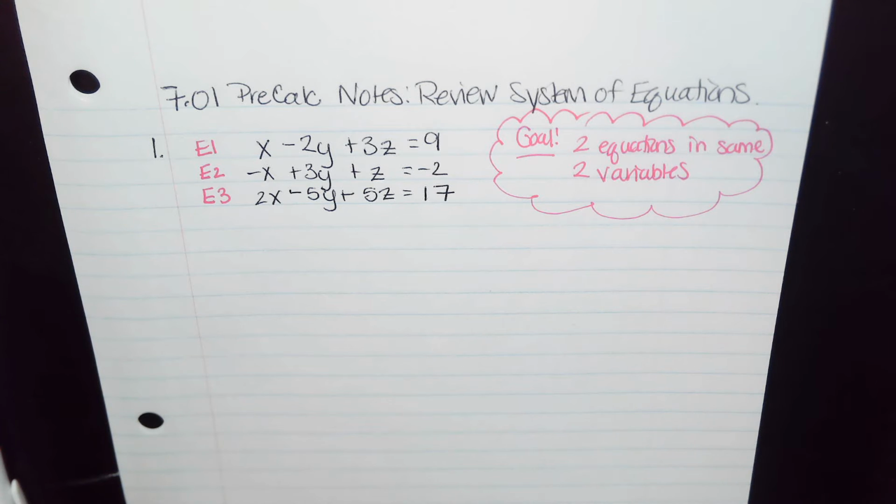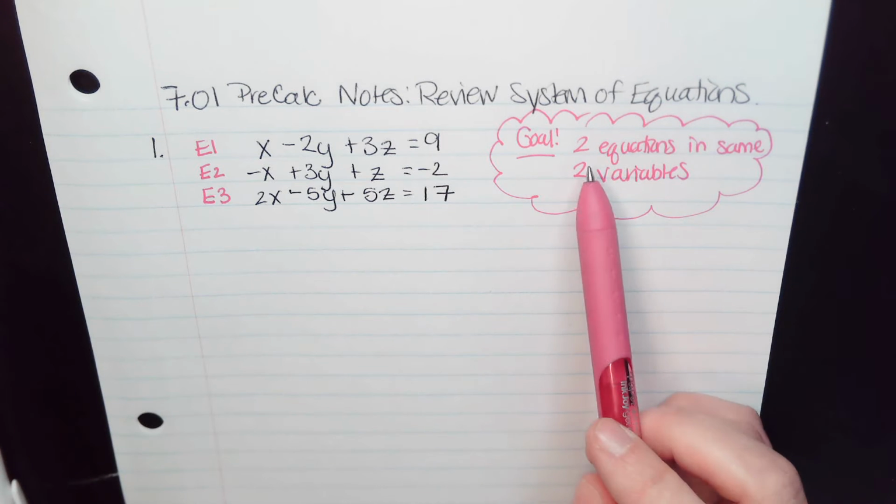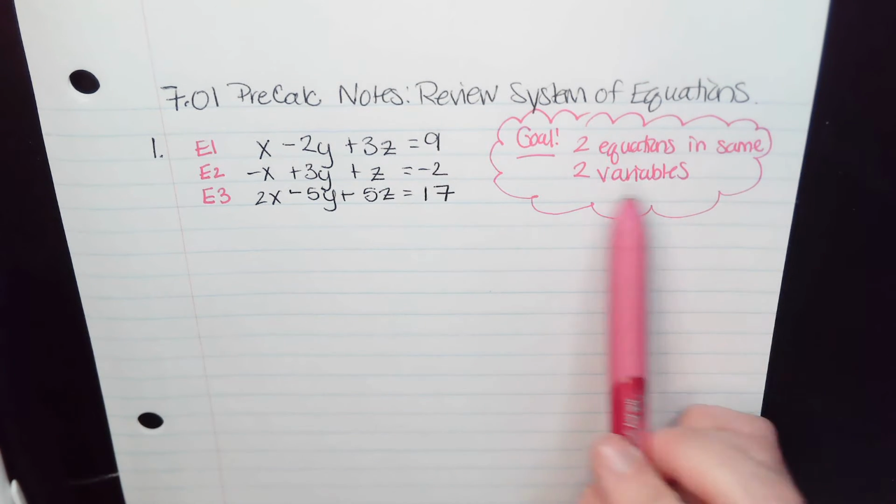If you eliminate the y, so you have an equation in x and z, you need another equation in x and z. So in a typical setup, that means you're going to have to eliminate that same variable twice. So if you eliminate x the first time, you need to eliminate x again the second time in your next system. So the goal is to get 2 equations in the same 2 variables.